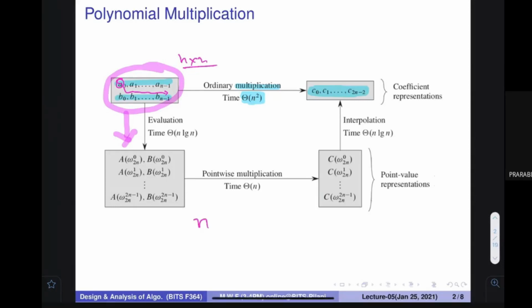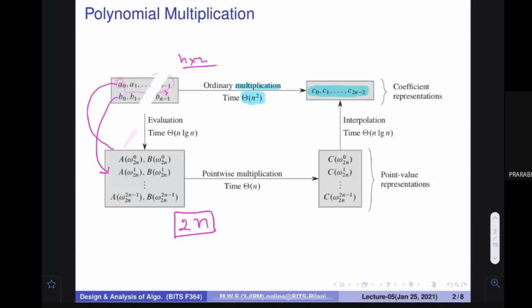So let's assume that every polynomial is represented in this point value format with 2n points. I'm going to convert both a and b into the 2n points. So a is converted into this particular line and b is converted into this particular line. These are the values that I'm going to get.